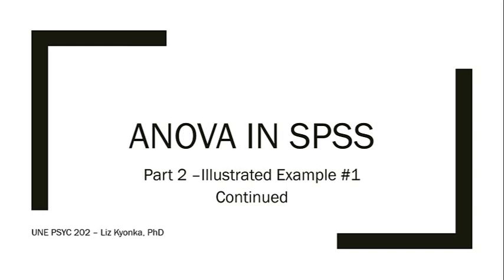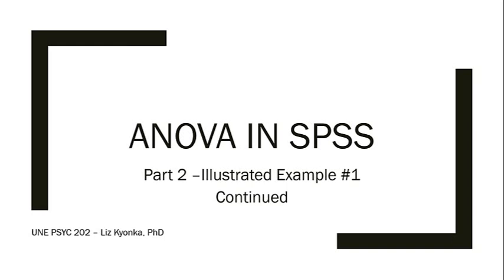When we finished with video number 1, we had just discovered that the Levene's test indicated no violation of the assumption of homogeneity of variance, and the ANOVA table gave us an F ratio greater than 4, which was statistically significant, which leads us to reject the null hypothesis and conclude that all means are not equal.